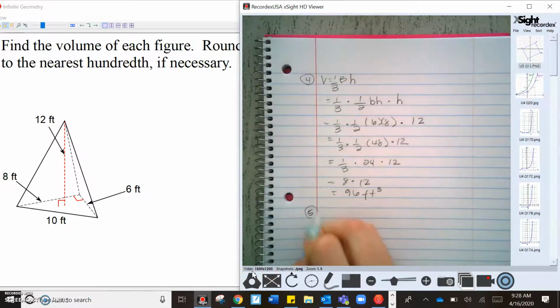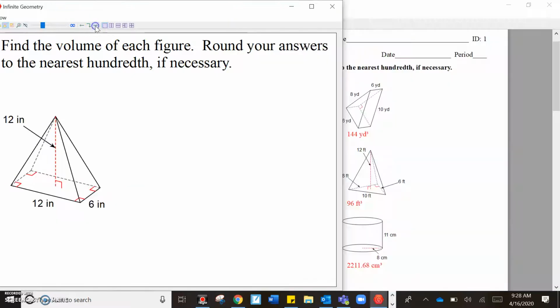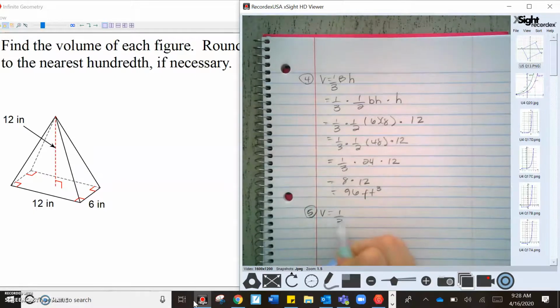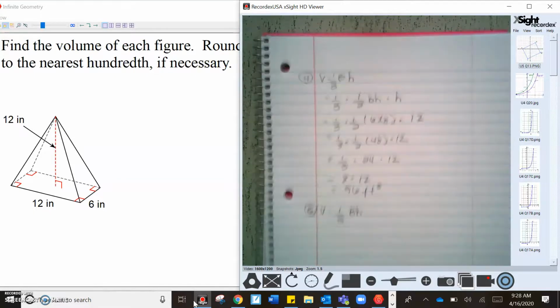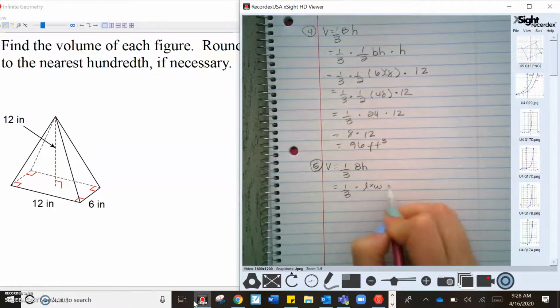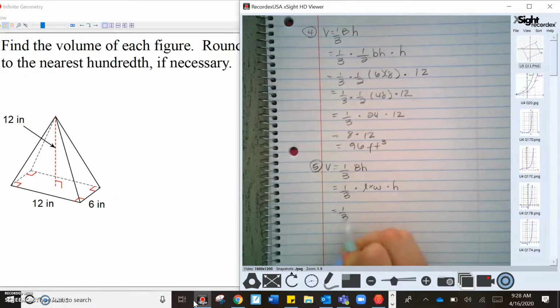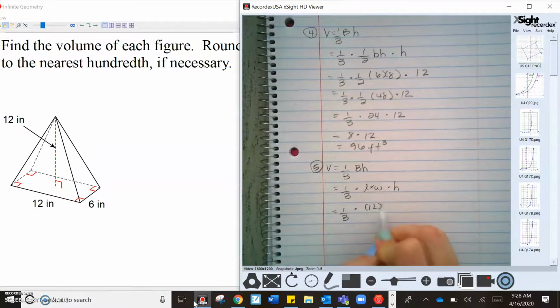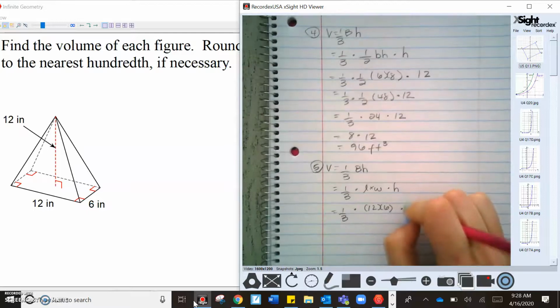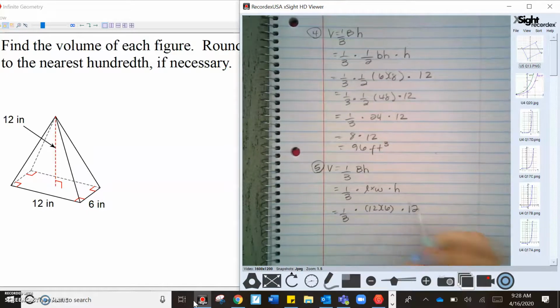Alright, another one. What about a rectangular pyramid? So, still using that 1/3. So, we have the area of our base is now length times width. So 1/3, 12 times 6. And then the height of my pyramid is still also 12.